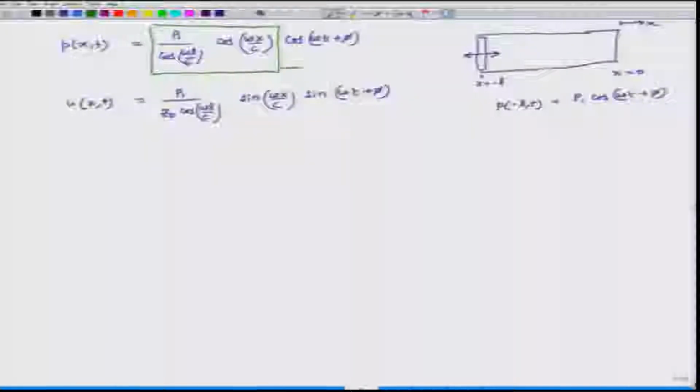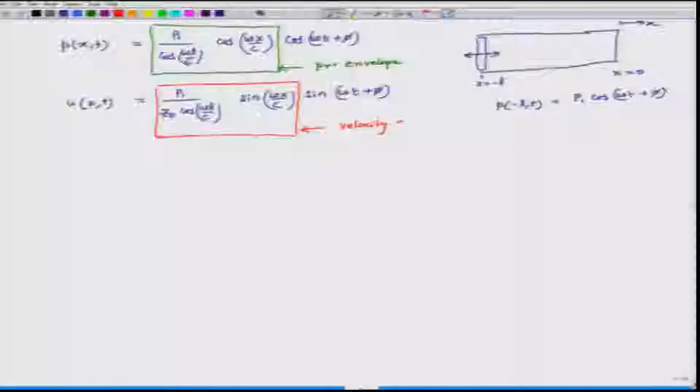So, this is pressure envelope. And why is it? We will talk about it. Similarly, this term in red is velocity envelope. So, we have a pressure envelope and we have a velocity envelope. And what we are going to do right now is plot it.